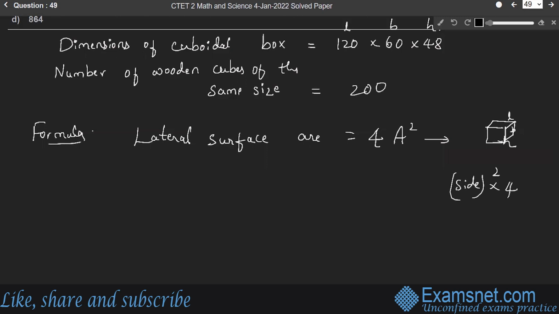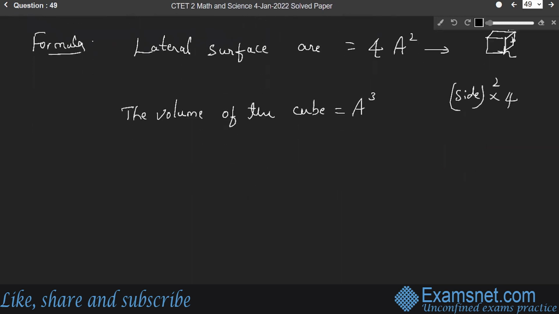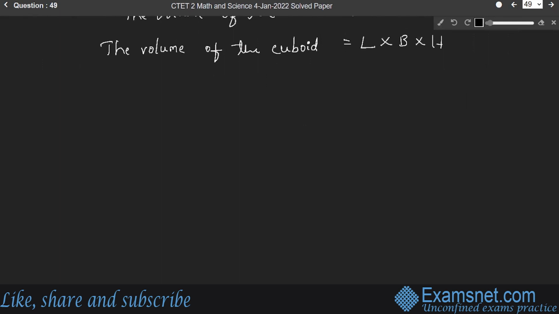That gives lateral surface area of the cube. And the second formula is the volume of the cube, that is a cube, and the volume of the cuboid is equal to length into breadth into height. Right?